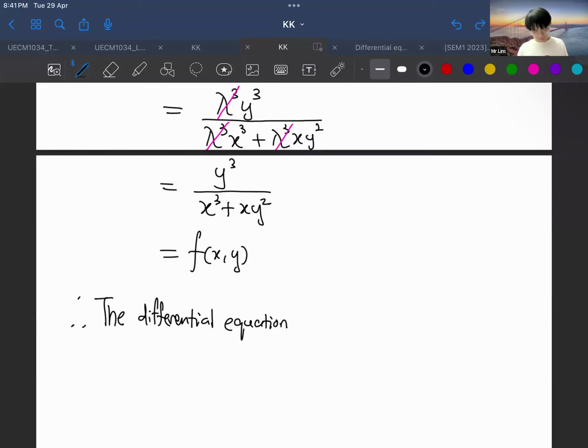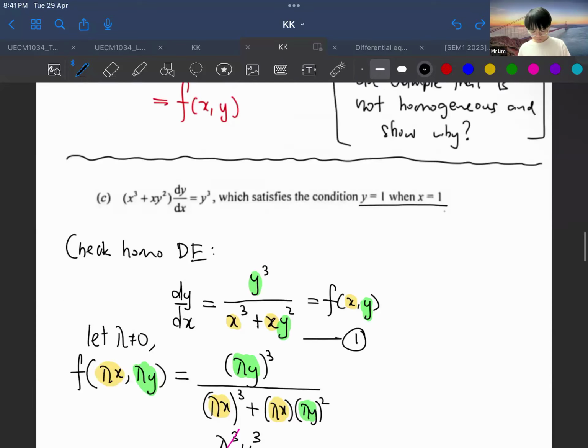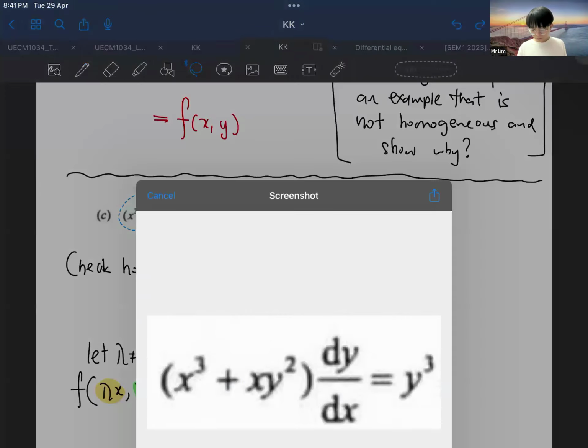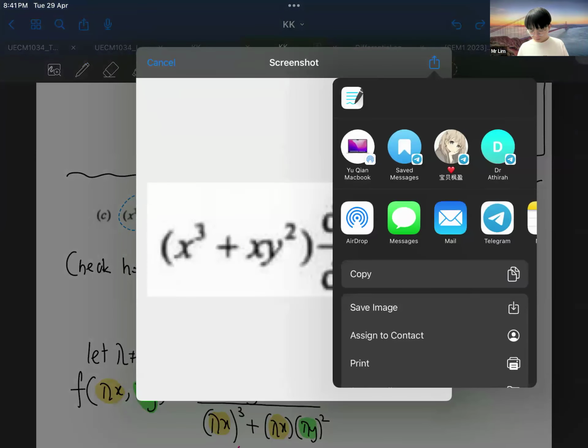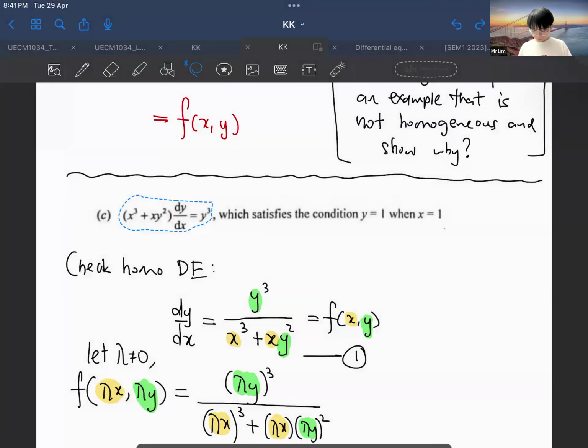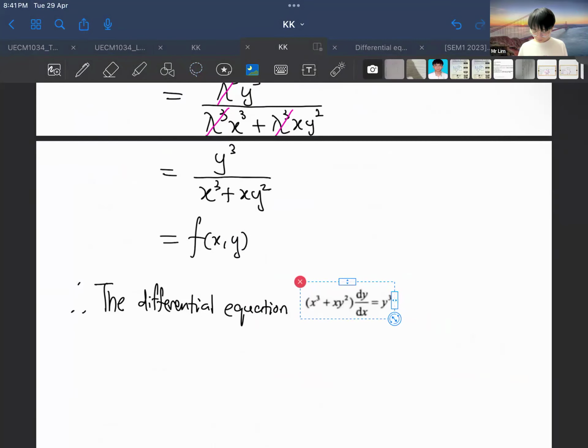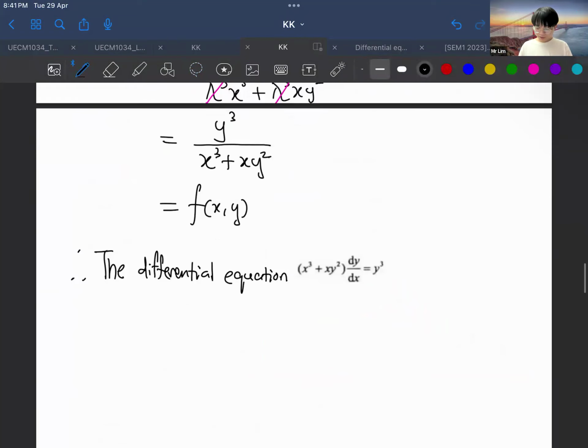Therefore, the differential equation, we just copy back this one, is homogeneous.